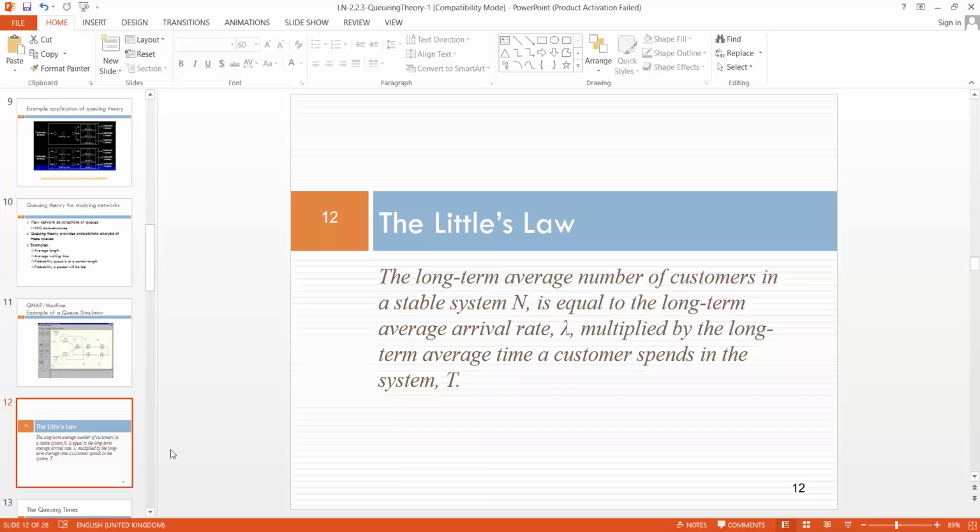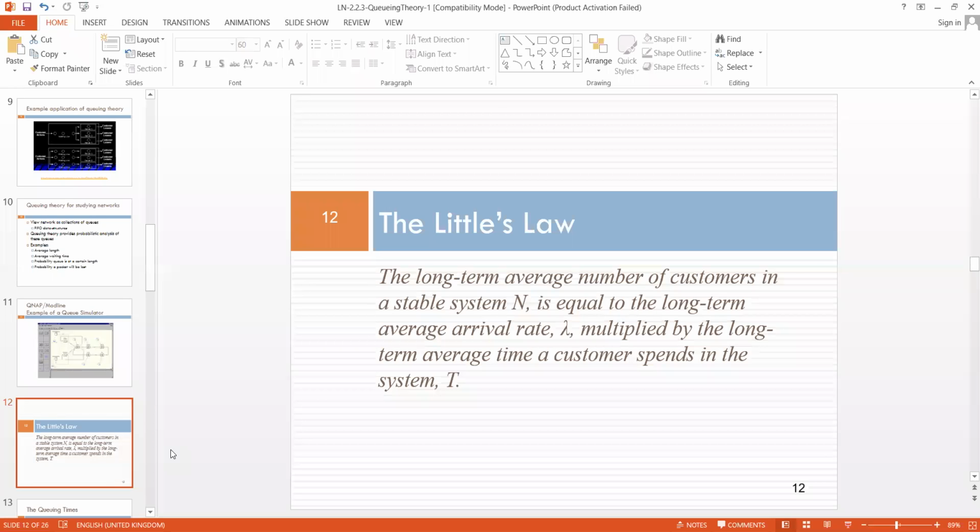Then this is one very important law in queuing models. Little's law says that the long-term average number of customers in a stable system, and when we say a stable system, we mean the long-run system, just like in the Markov chain, the long-run probability of the event.